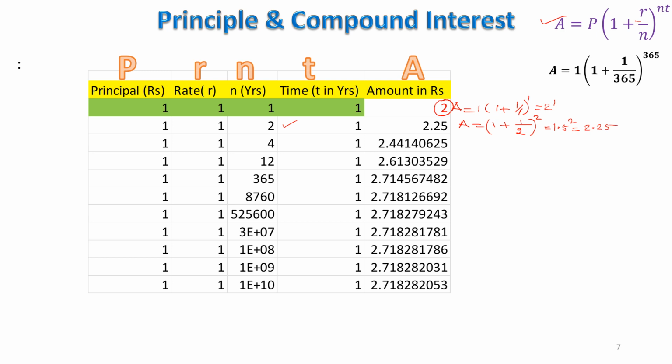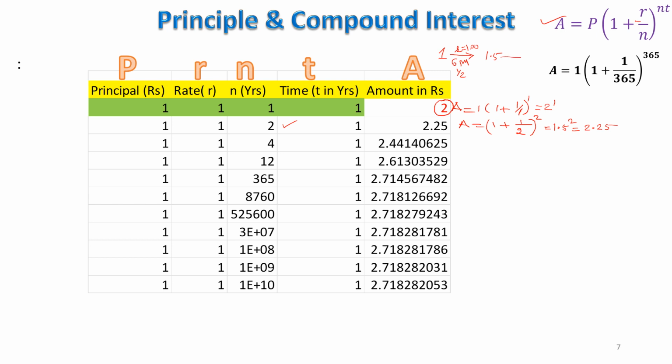Actually, what is happening, I'll explain you. We have invested $1 or 1 rupee, and the assessment is with the rate R equal to 1, that is 100%. But we are assessing for 6 months. It means half yearly assessment. So 100% return for half time period. It will be 1.5.